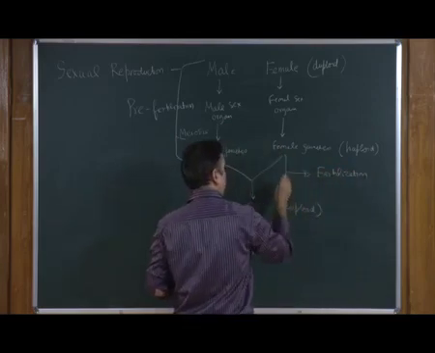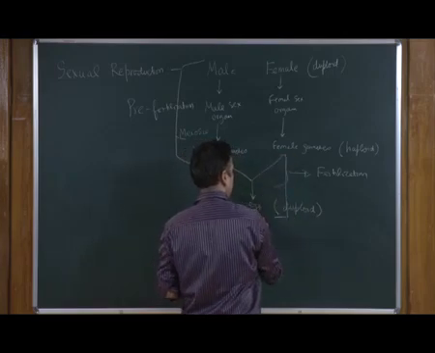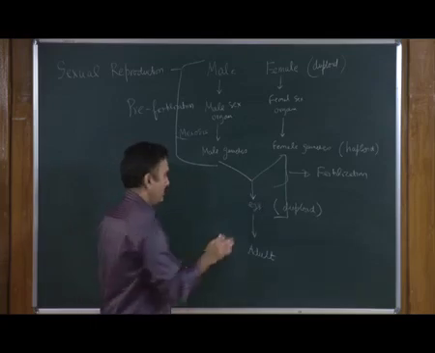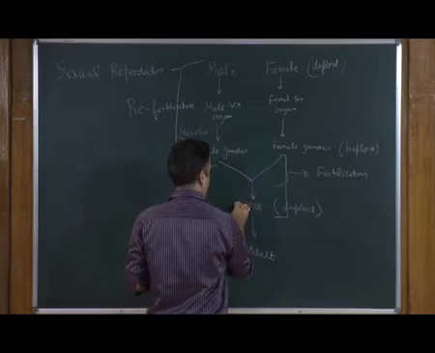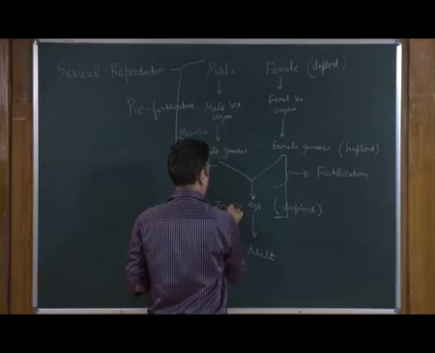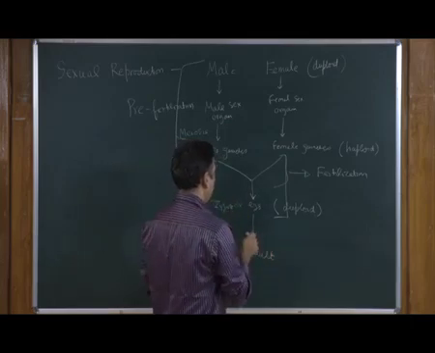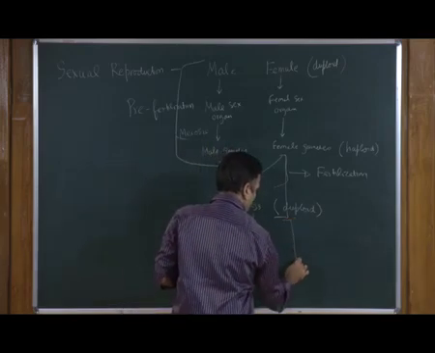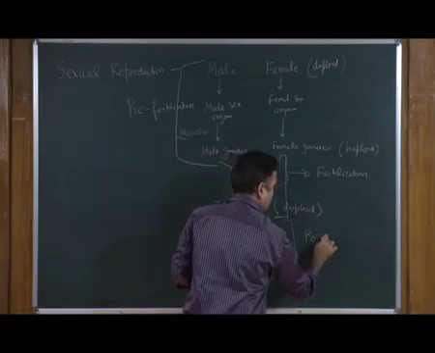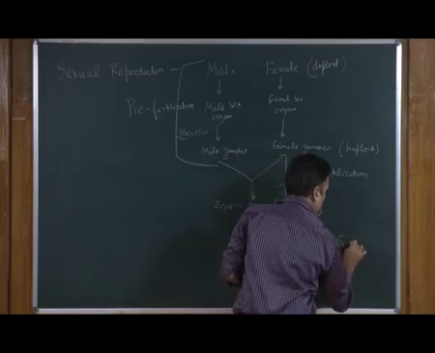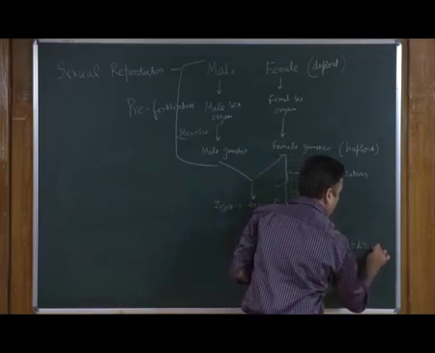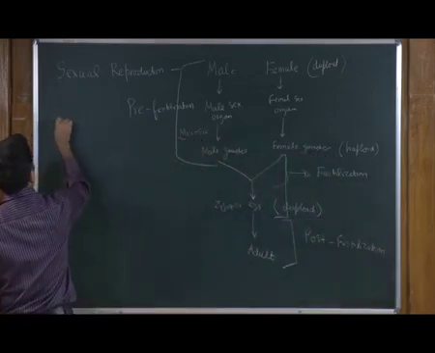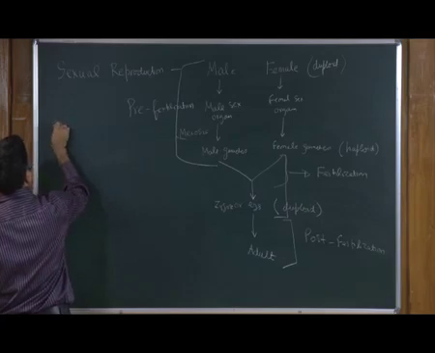Okay. And once after the fertilization, what are you going to get? You are going to have the initial egg or the zygote, and from the zygote you are going to develop the adult individual, and that is the post fertilization stage. So, if I summarize this, in sexual reproduction you have three phases.